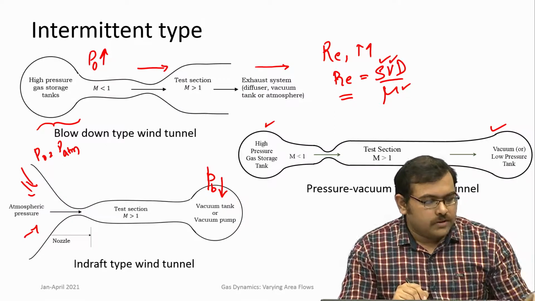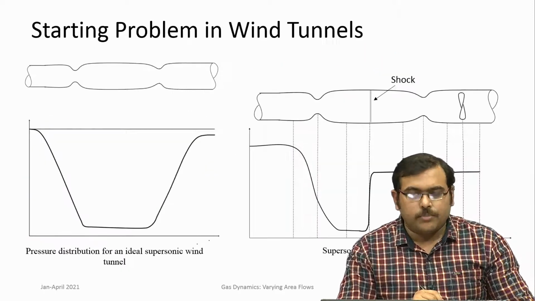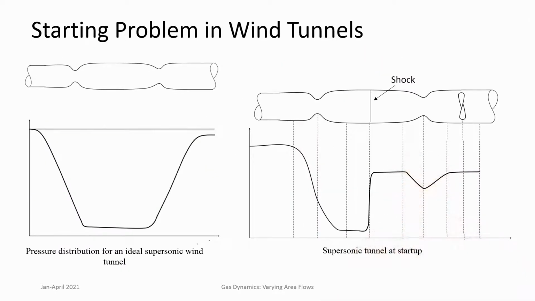If you look at the operating characteristics of these wind tunnels, here we come into variable area ducts and shocks and how they interact. As we had said before, the ideal case of a wind tunnel operation is when the flow in the nozzle block has Mach number less than 1.